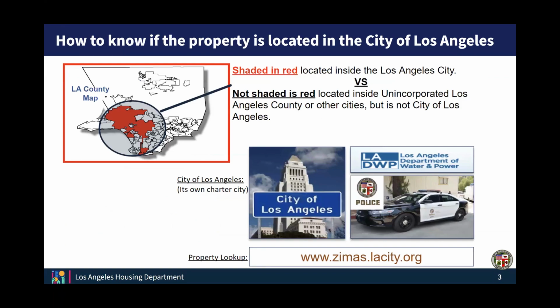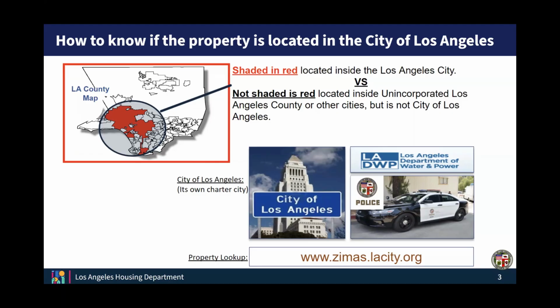To confirm whether or not the residential property in question is located within the city boundaries, you can check your utility bills. If you pay them to the Department of Water and Power, then you are within the city of Los Angeles boundaries. If you pay them to some other department, for example, Edison, you are outside of the city boundaries.